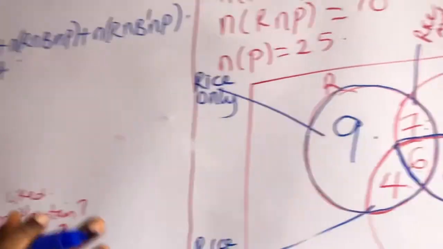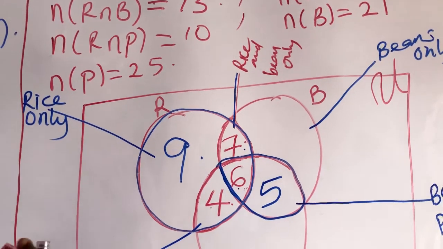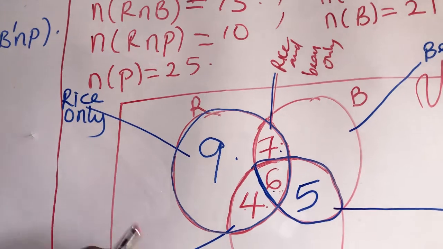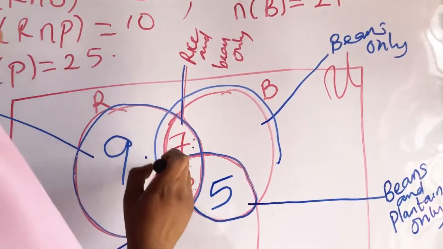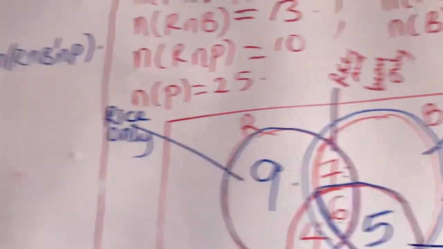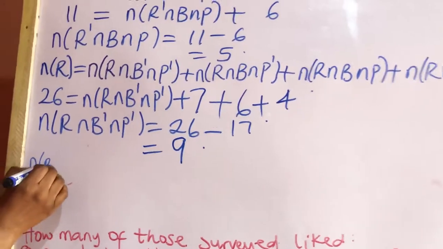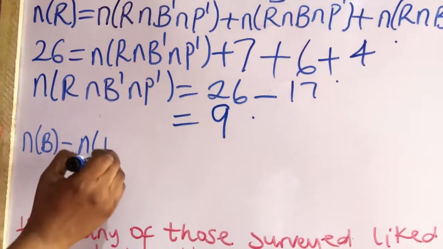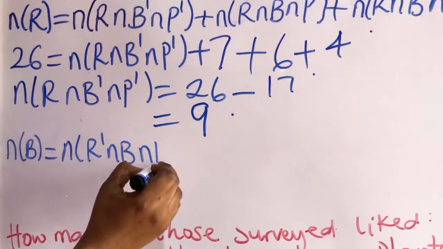So let's find those that liked beans only. To find those that like beans only, we need the cardinality of B. That is everything here. Cardinality of B consists of cardinality of R prime intersect B intersect P prime.